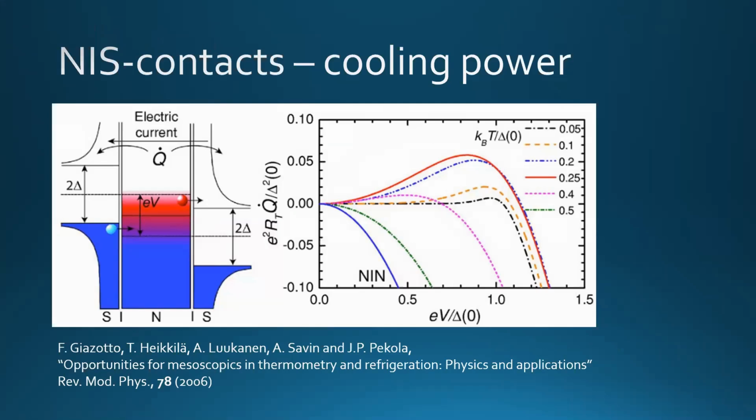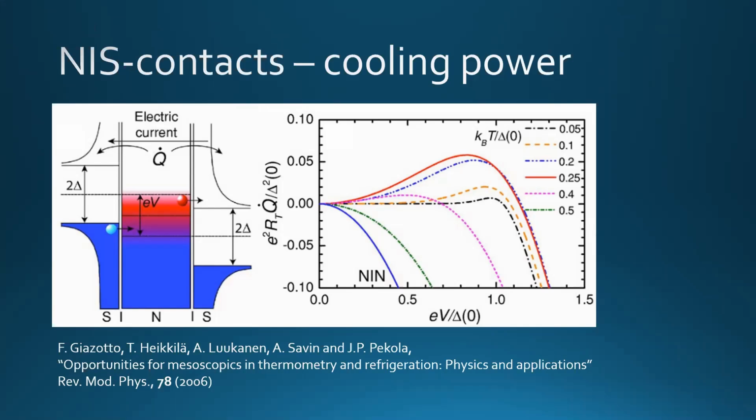On the other side of the barrier, we have a superconductor, which has the BCS density of states. Applying a voltage across, for example, a symmetric structure, we can at the same time extract hot electrons from the normal metal and put there some colder quasi-particles.